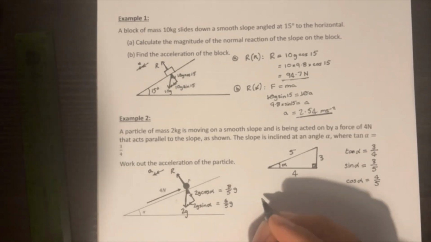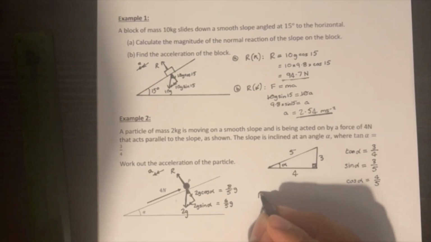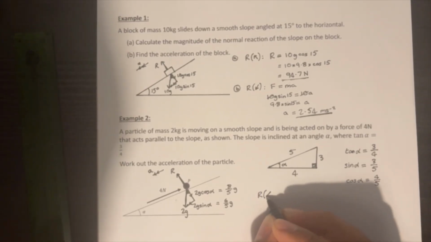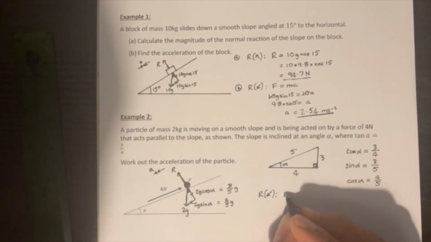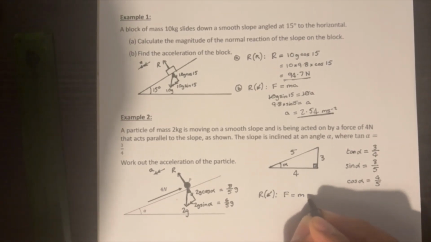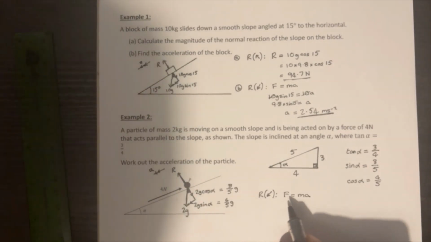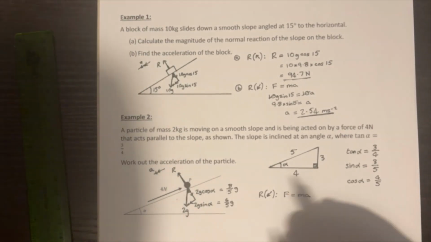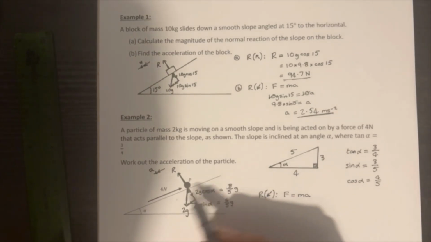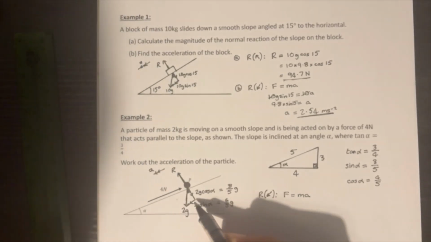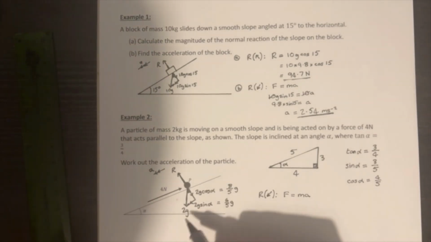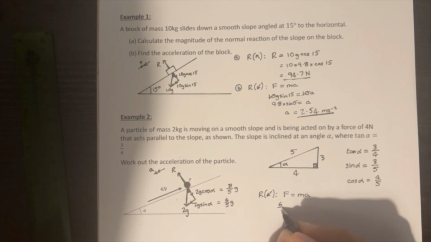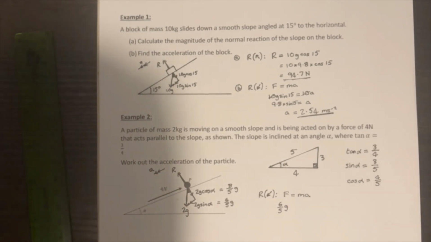So that's fine. So if I resolve my forces by taking down the plane as my positive direction, we can use F equals ma. Now F is our resultant force, so I need to be aware that going in the direction down the plane, I've got 2g sine alpha, or in other words 6/5 g.